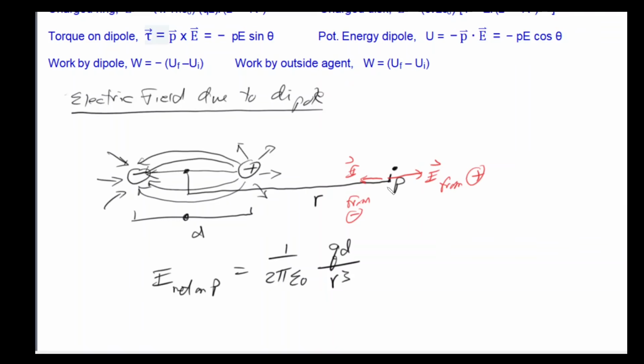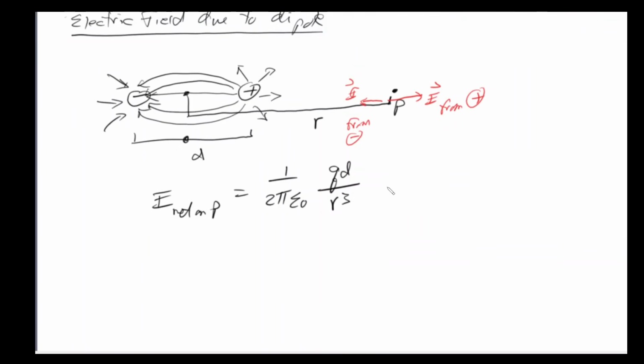Well, QD we define as the electric dipole moment. And that is written as small p, and that's a vector.